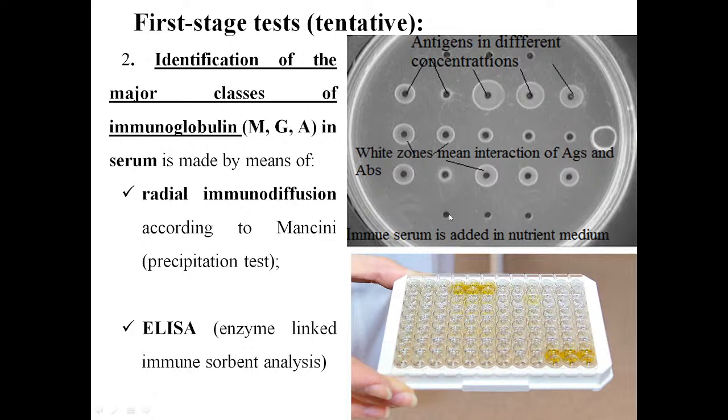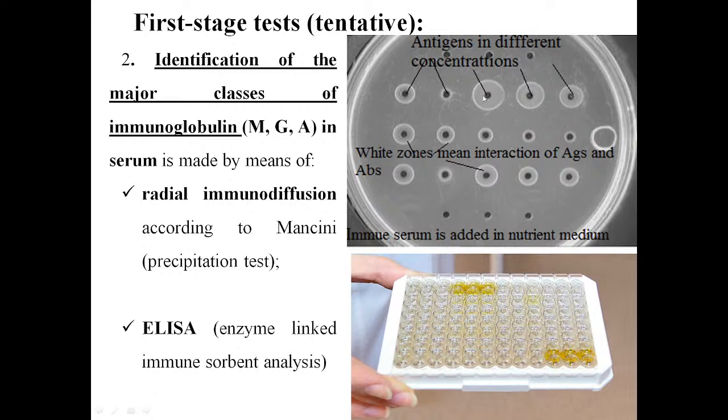Then we should cut some holes or pores in this medium and add antigens in different concentrations. These white zones mean interaction of antigens and antibodies of human serum.